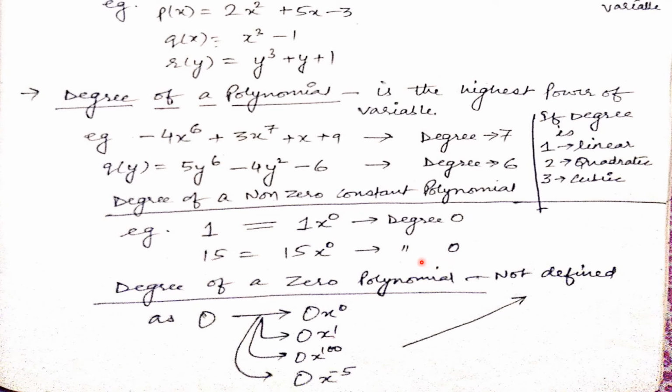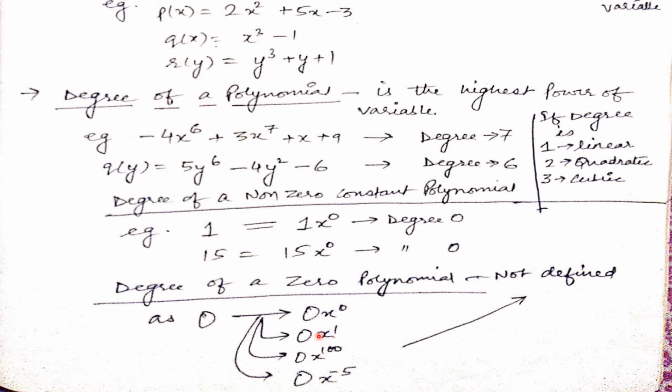But this doesn't agree with the 0 polynomial. Why? Let's see. I've written here, degree of a 0 polynomial is not defined. Suppose you have 0. It can be written as 0 into x power 0, correct? But it can also be written as 0 into x power 1. Is it wrong? If I write 0 into x power 1 and multiply, it again becomes 0.